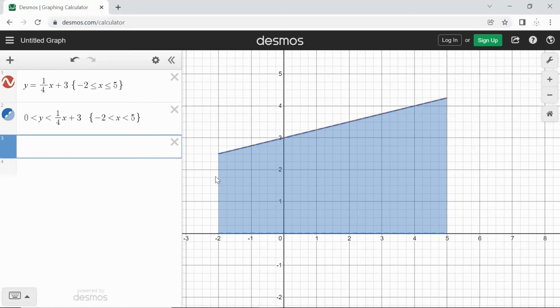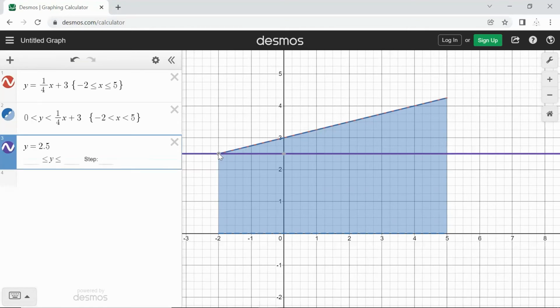So -2, 2.5 is this point here. If I take y equals 2.5, you see that line, that purple line, cuts through my signed area.